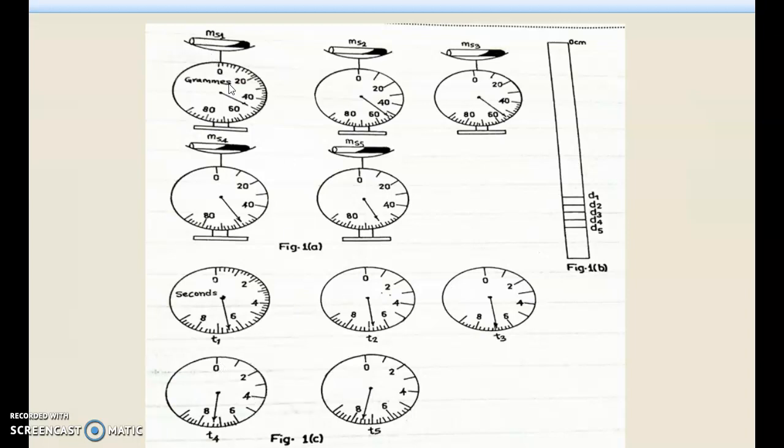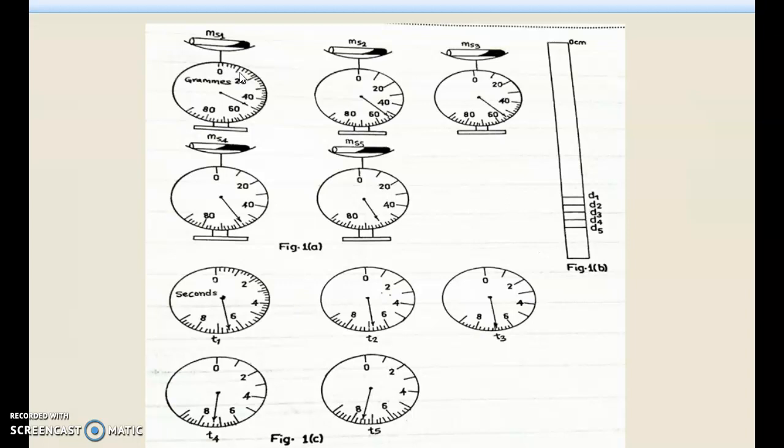I'm going to take just 1 or 2 examples of this, and then you deduce the rest yourself. Now, the values on the scale for the masses are 0, 20, 40, 60, and 80. So in between 0 and 20 is 10. In between 10 and 0 is 5 dots. That means each of those 5 dots are sharing 10 grams.